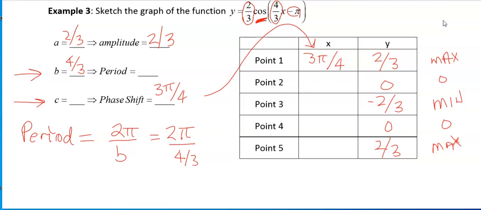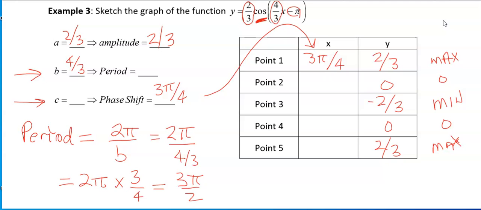Now again, be careful, you're dividing by a fraction. So this is the same thing as multiplying by the reciprocal, which is 3/4. You multiply it, you get 6 pi over 4, which is 3 pi over 2.